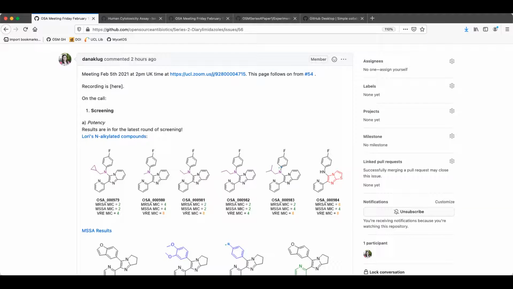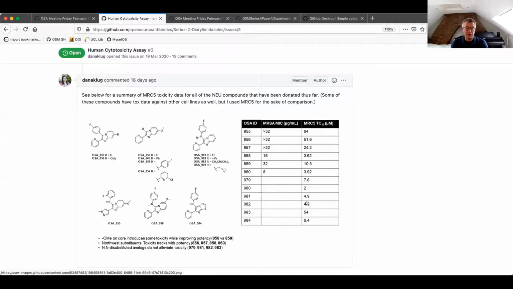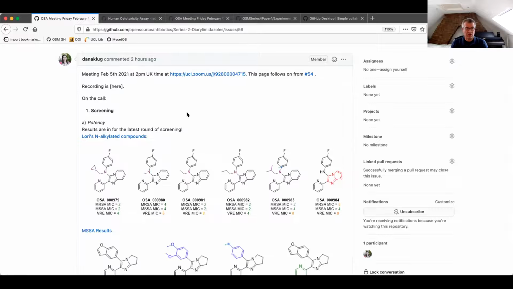We don't have any information on the MOA or MOT for that matter. I mean, the two compounds we looked at are quite different now, top and bottom, isn't it, structurally?